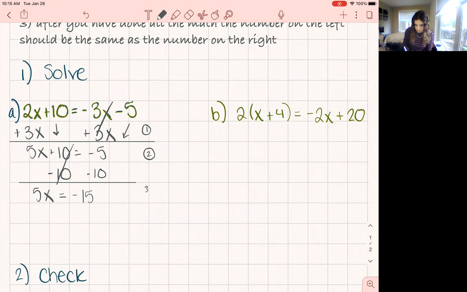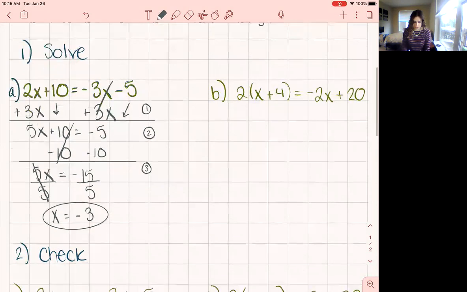And so now step 3, undo multiplication and division. So divide by 5, divide by 5, the 5s cancel, x equals negative 3 is the answer that we got. So now we need to check and see if that's correct.